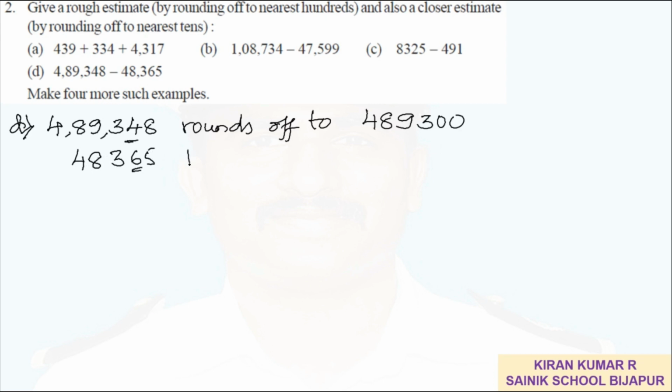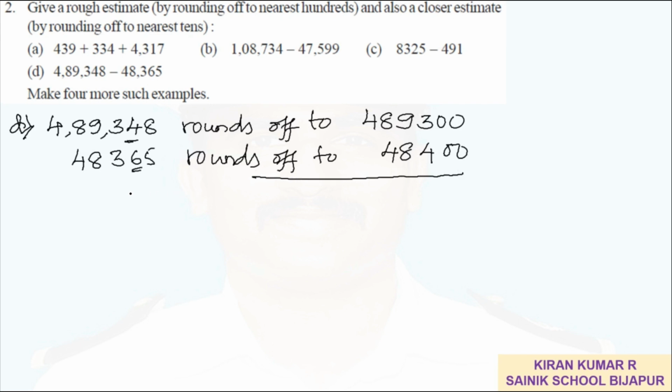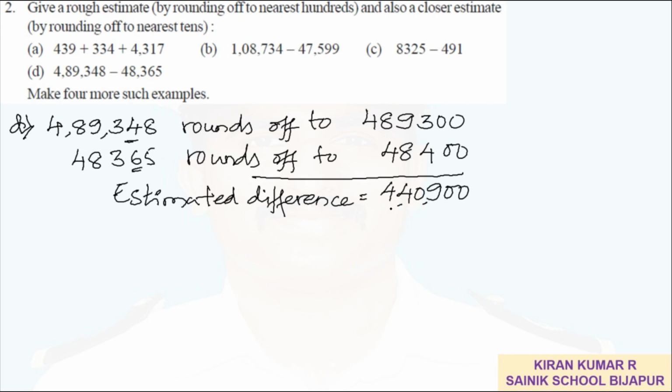We have to look at the tens place. So the number at the hundreds place increases by 1. So 48,400. Now you find the difference. So the estimated difference is 4,40,900. This is when we have rounded off to the nearest hundreds.